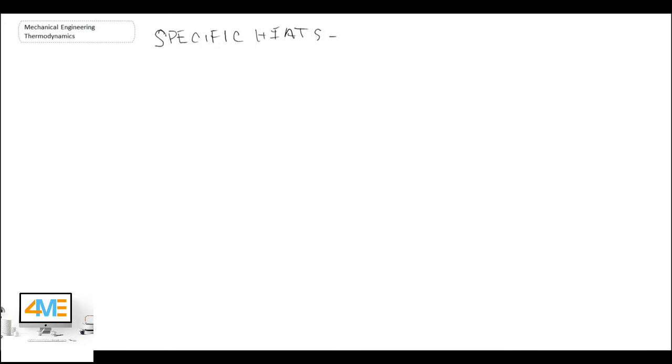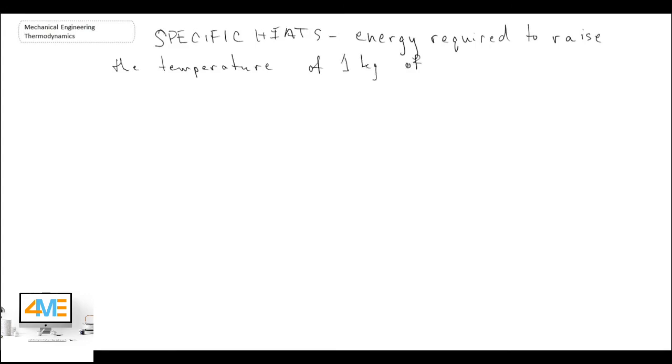degree Celsius. So it's the energy required to increase the temperature of 1 kilogram of some material, and that's the material that we're determining the specific heat for.